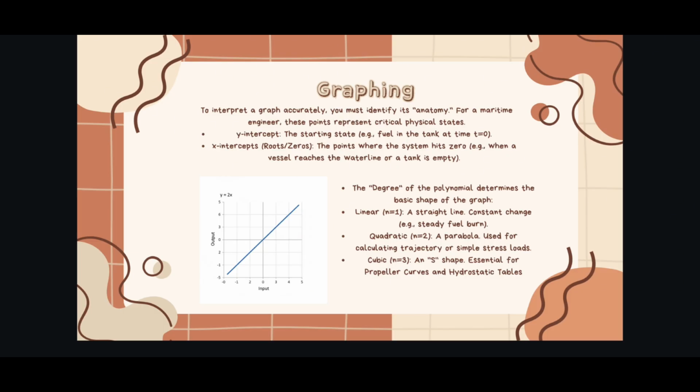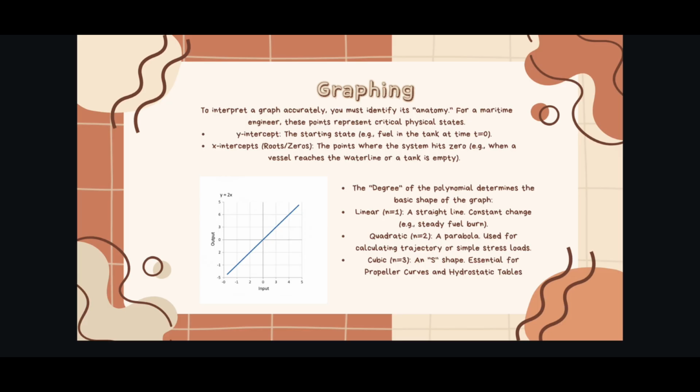So, let's begin. In this picture, we will explain the basic parts of a graph. First is the y-intercept. The y-intercept is the point where the graph crosses the y-axis. It happens when x equals 0. This represents the starting value of the situation.